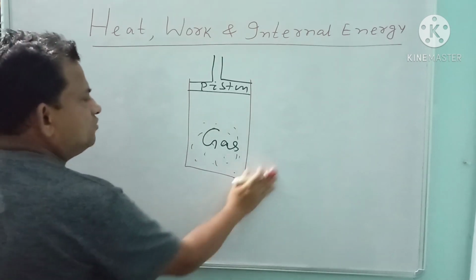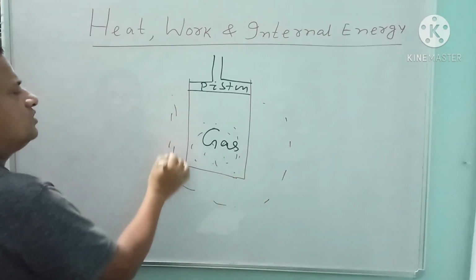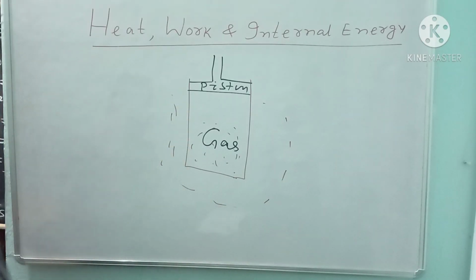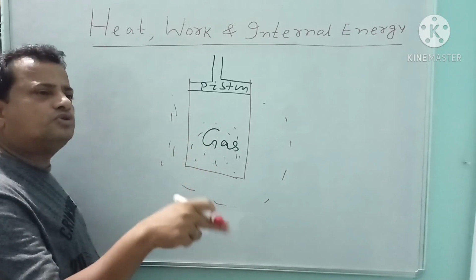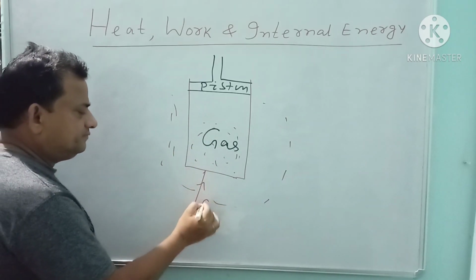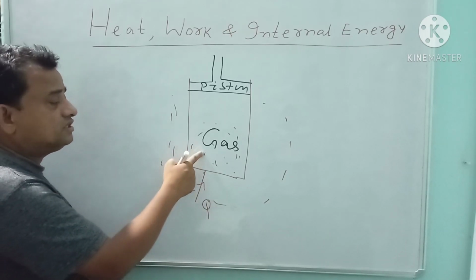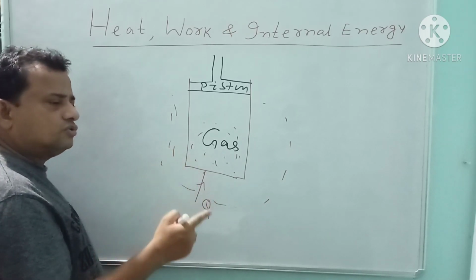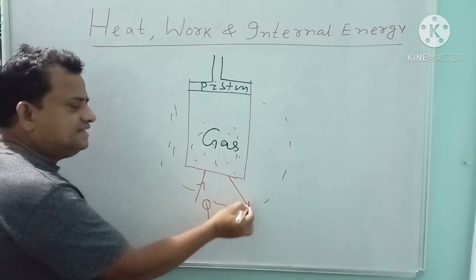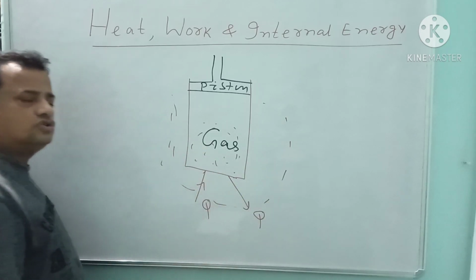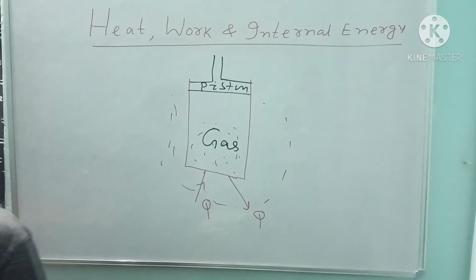This is also known as your surrounding part. This is your surrounding, because this system may absorb heat from the surrounding. Suppose Q heat is given to the system. Also, this system gas rejects heat Q to the surrounding. I mean, in thermodynamics, there may be heat exchange between system and surrounding.